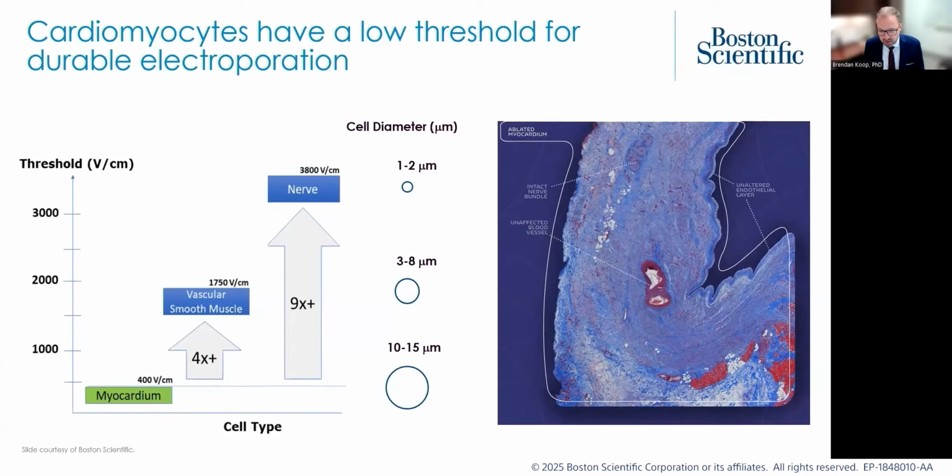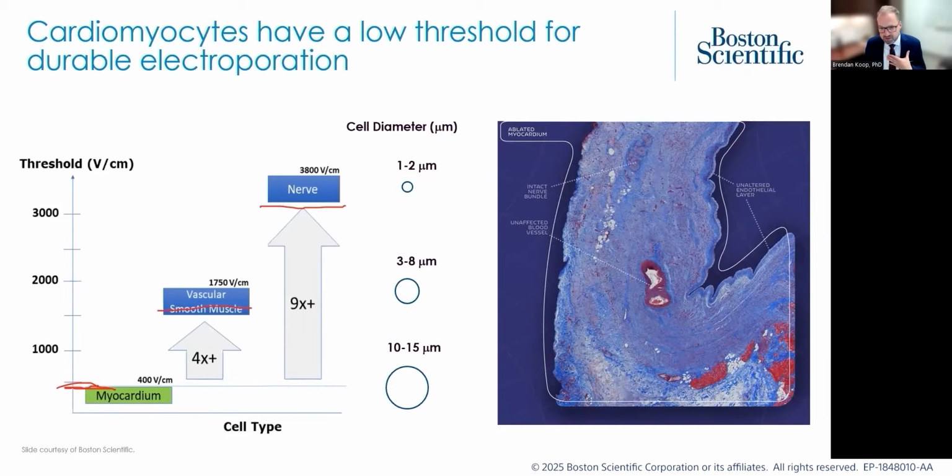Sometimes you'll see it at 400 volts per centimeter, you'll see 500, 300, but it's in that range. It depends on the waveform. It depends on the catheter design. But what I'm showing here on the plot on the left is that these other types of tissue in the area, whether it's vascular smooth muscle, endothelial cells, or nerve cells, have many multiples higher threshold for irreversible electroporation.